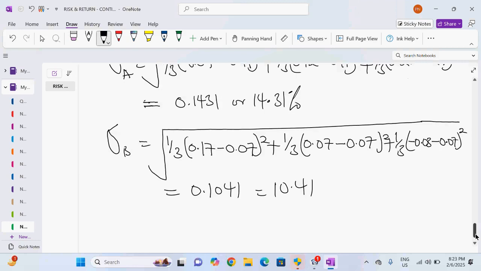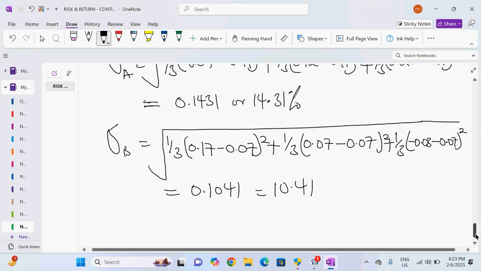Okay. So what is the formula for the correlation coefficient?